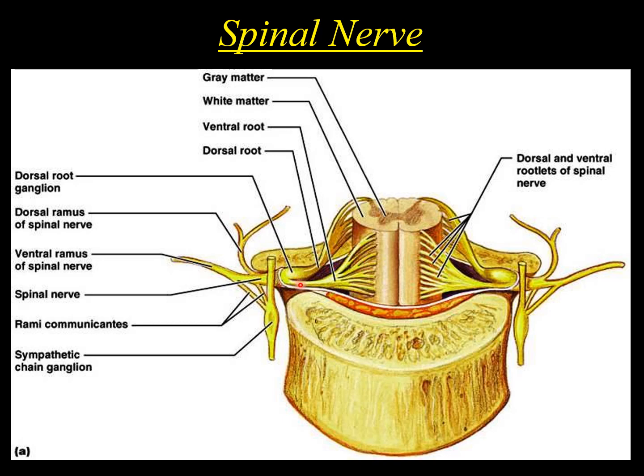These both roots unite just at the level of the intervertebral foramen, and they form a nerve known as the spinal nerve. That means a spinal nerve is a mixed type of nerve containing motor fibers as well as sensory fibers. This mixed nerve, as it emerges out of the intervertebral foramen, again divides into two rami or two projections. The term ramus means arm-like projection.